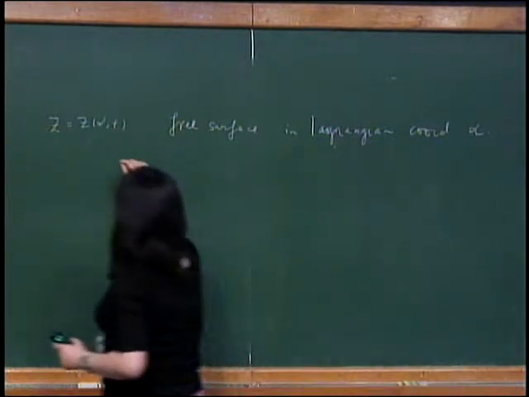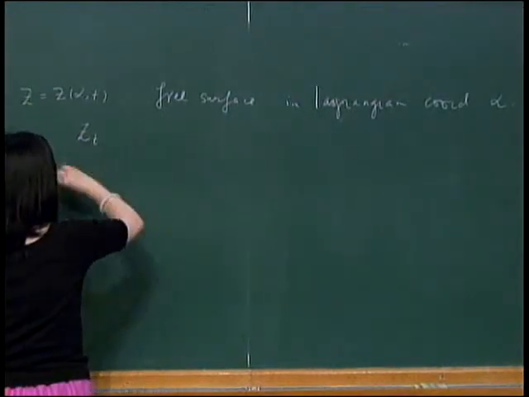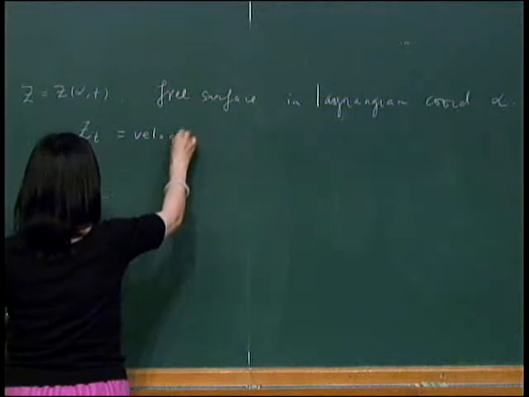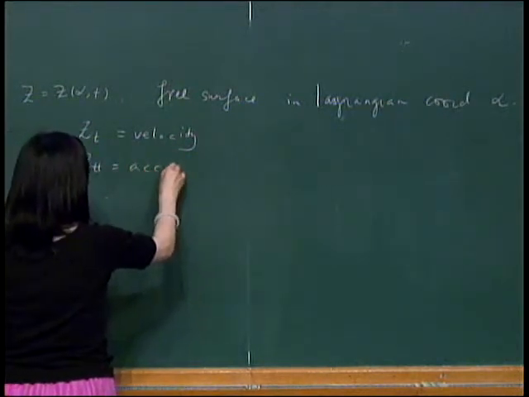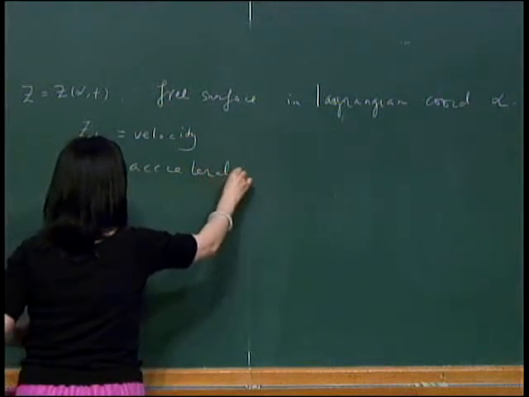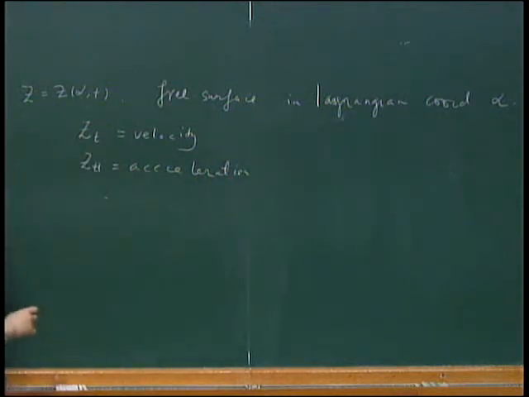So this means that if I take a derivative in t, I get velocity. If I take two derivatives in t, I get acceleration. Now the Euler equation becomes that. Of course, I'm going to just stay in 2D.